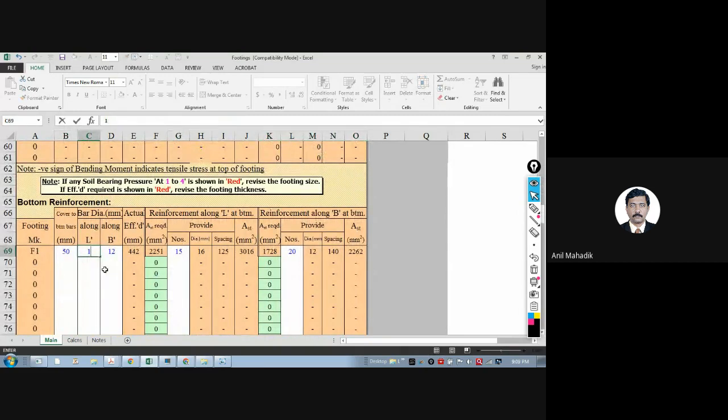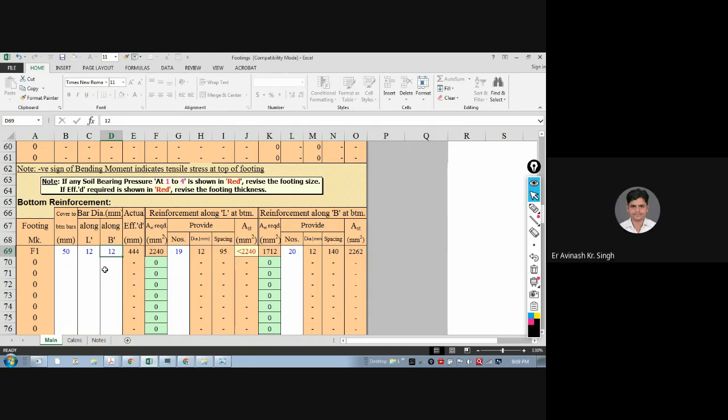Let's assume diameter as 12 mm. Now these 15 bars are not satisfied. So what to do? Increase. 18, not okay. 19, not okay. So it is 18.